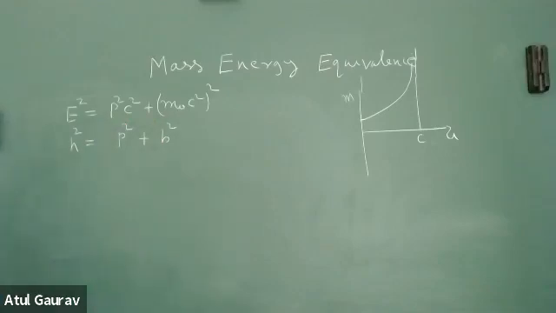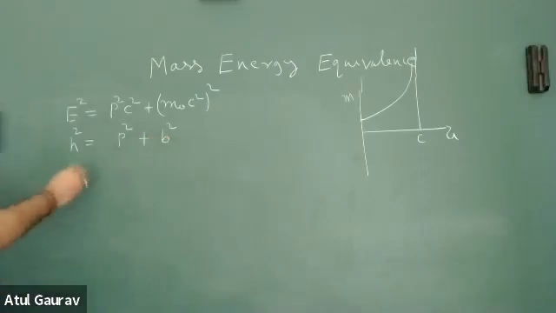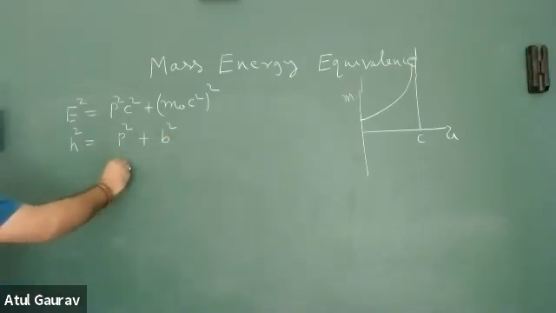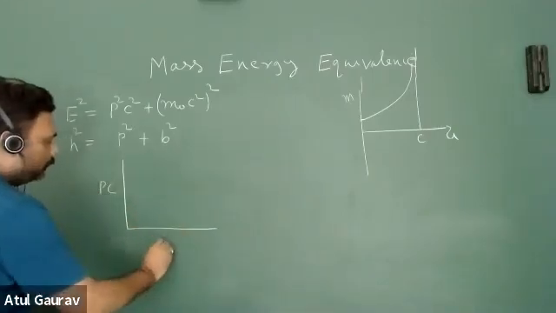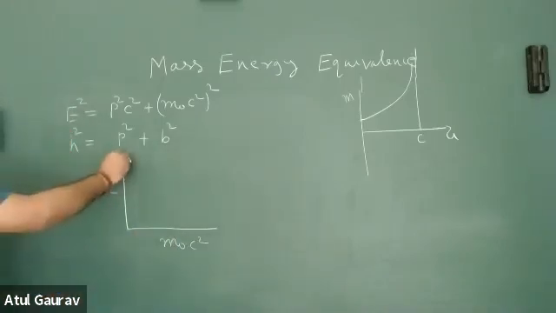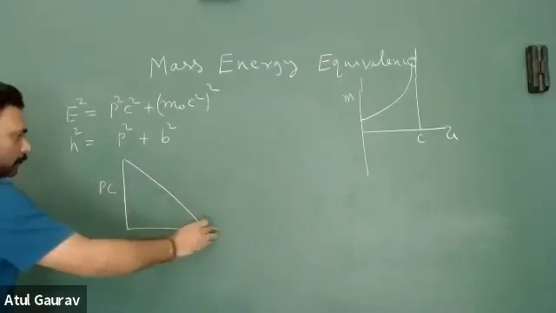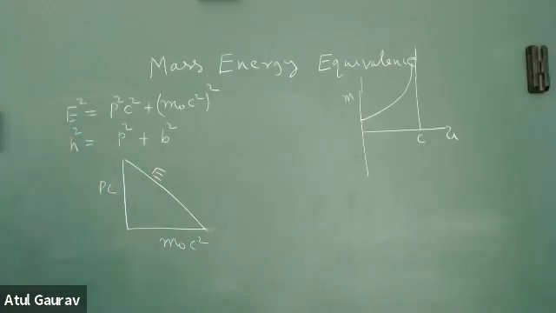Remember, this is something like Pythagoras theorem in our class 8th, 8 या 7 है ना? So now if I take y-axis as PC, x as M naught C square, then this particular value will be E, isn't it?